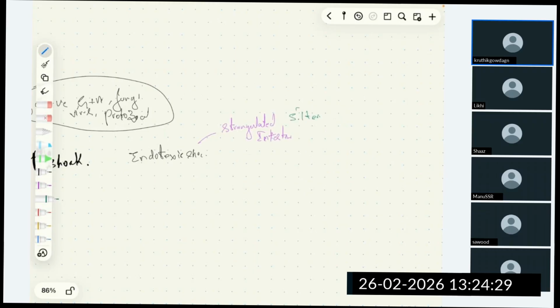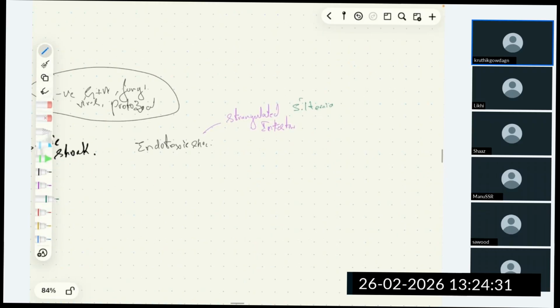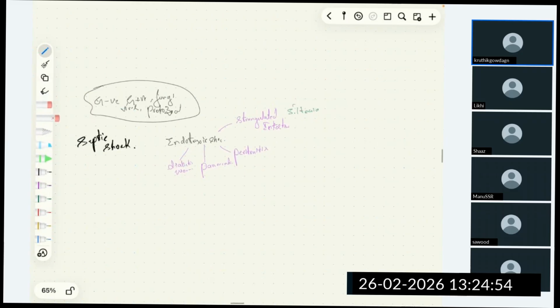The strangulated intestine can cause septic shock secondary to infection, and it can also be seen in case of peritonitis, GIT fistula, biliary pancreatitis, diabetic wounds. I mentioned it can be due to any microorganisms.